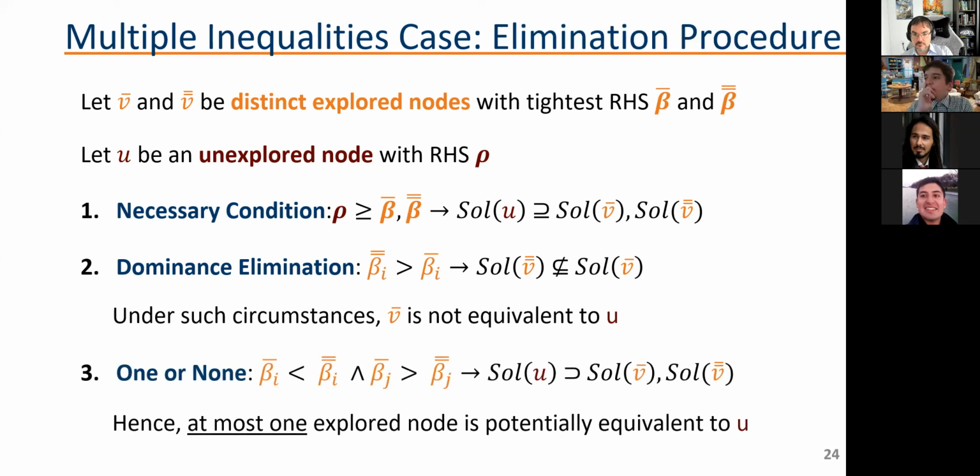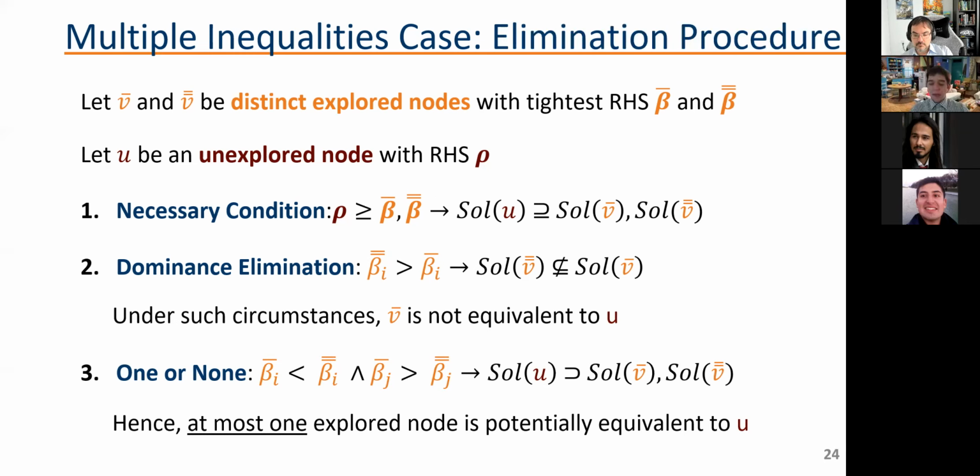And now the interesting thing is, if each one of these explored nodes has a different set of solutions, so these right-hand side values are not going to match in all the values, then at some point, for every pair that matches the necessary condition for an explored node, one of them is going to eliminate the other one. This is a very curious fact.